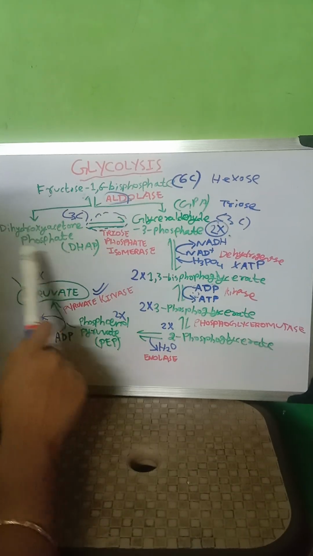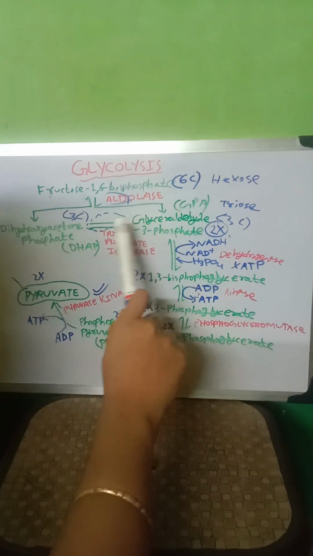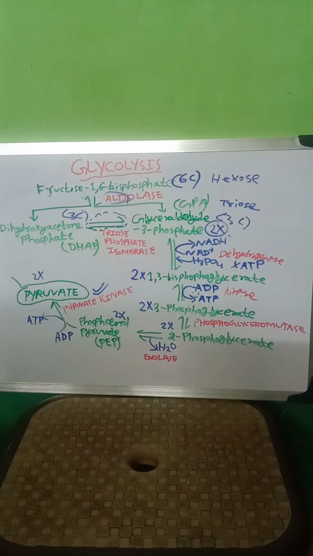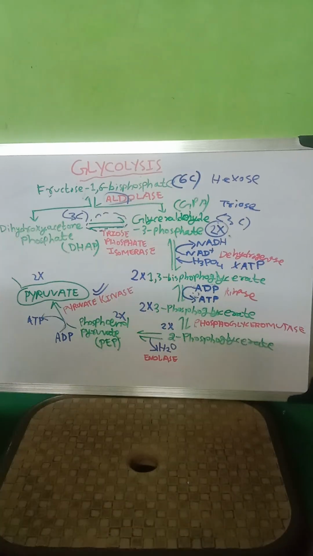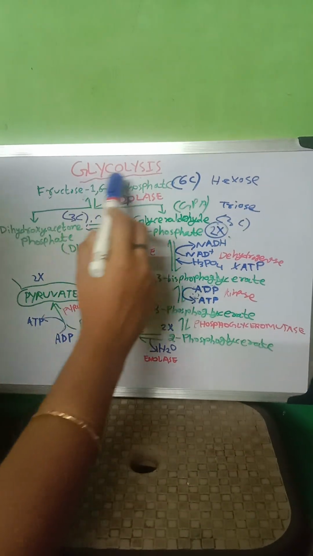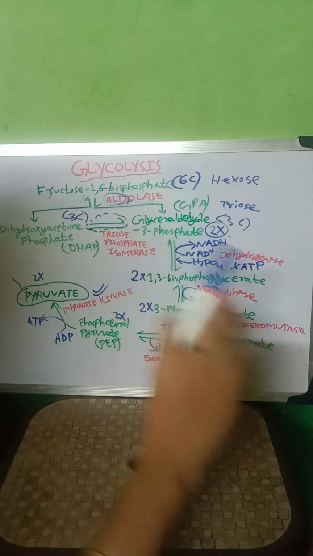Now, if this DHAP is converted to this GPA, glyceraldehyde 3-phosphate, aren't we getting 2 glyceraldehyde 3-phosphate? See, this fructose 1,6 bisphosphate is splitting into glyceraldehyde 3-phosphate. Fine.